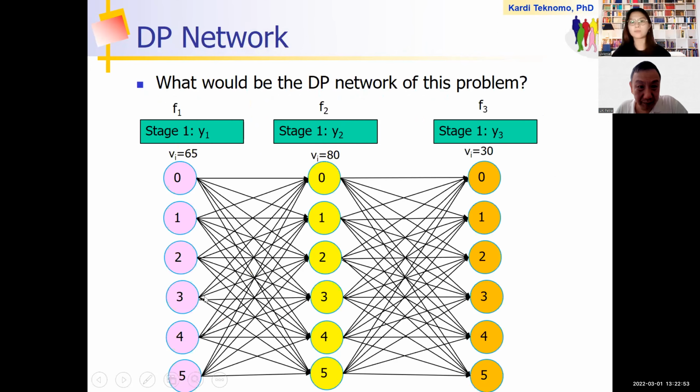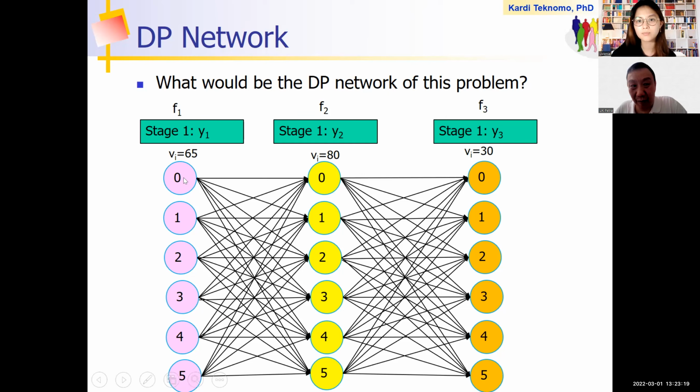Okay. Here, for item X1, you have 0 to 5. X2, you will have 0 to 5, right? And then for item 3 or item C, you have 0 to 5. Can you see that?